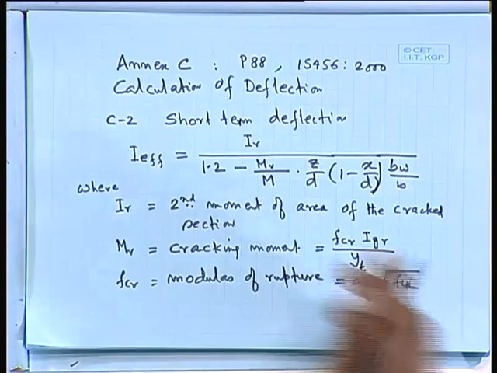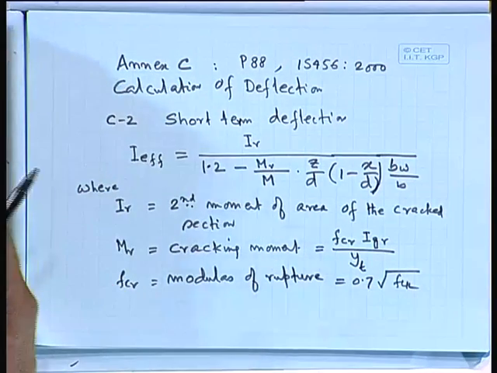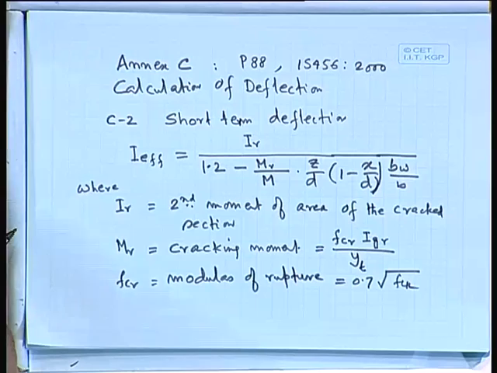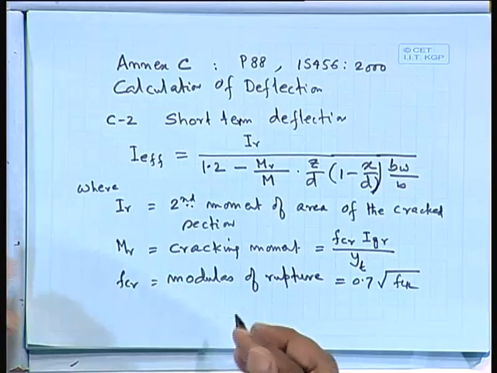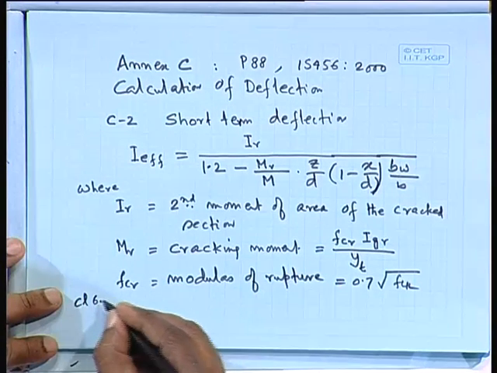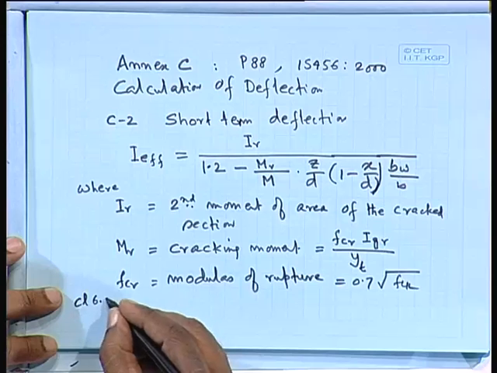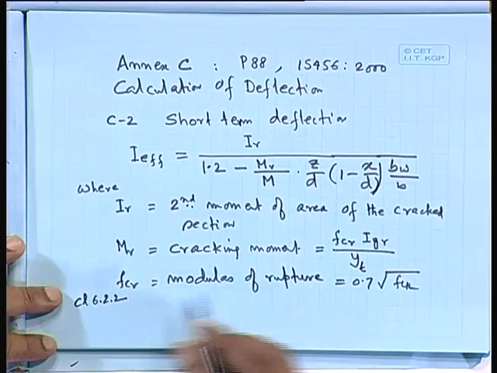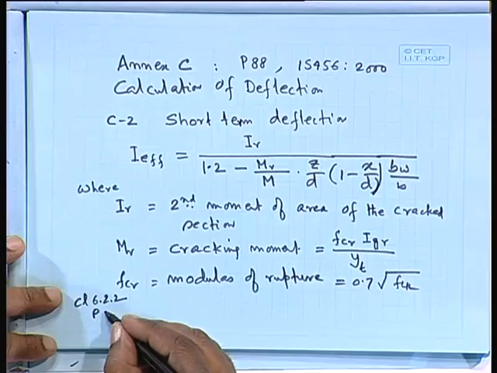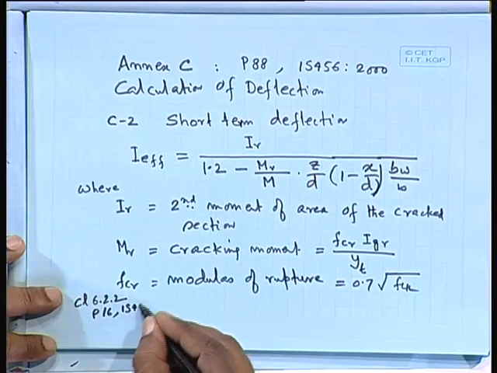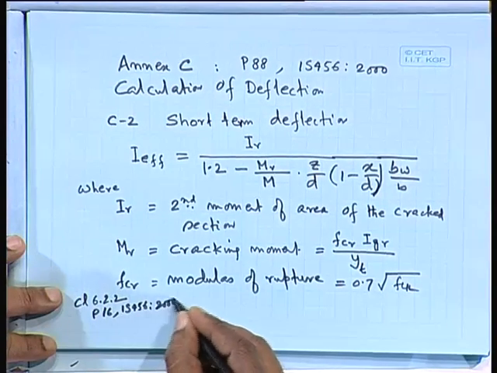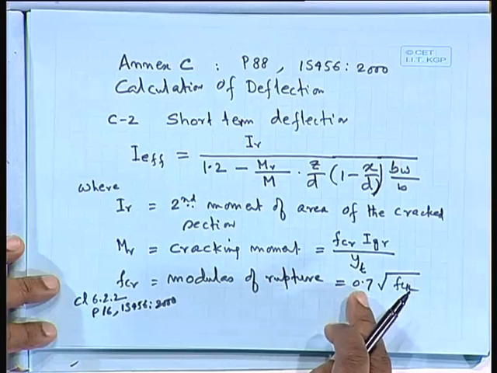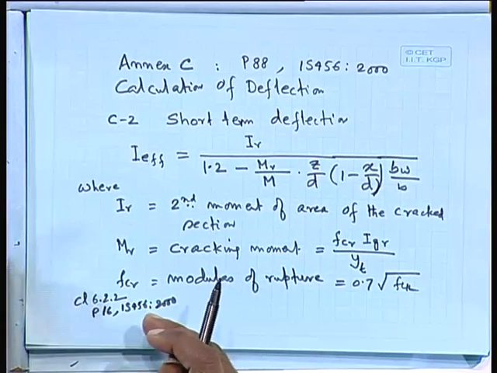We shall get it in a clause, that reference I think I should give, of IS 456, that is clause 6.2.2. You will get it as flexural strength, also modulus of rupture, on page 16 of IS 456 2000. So, FCR you will get, this formula you may refer to in clause 6.2.2. Okay.